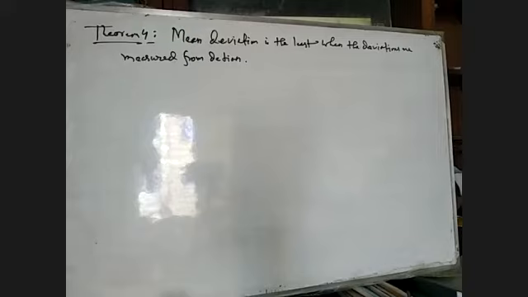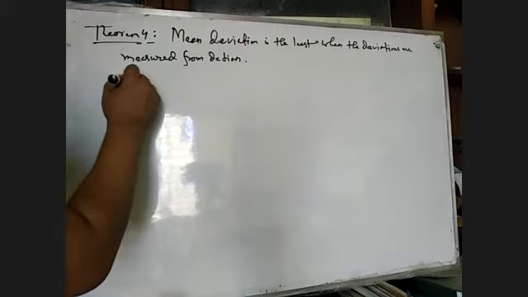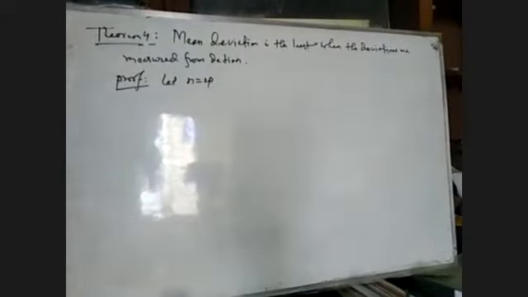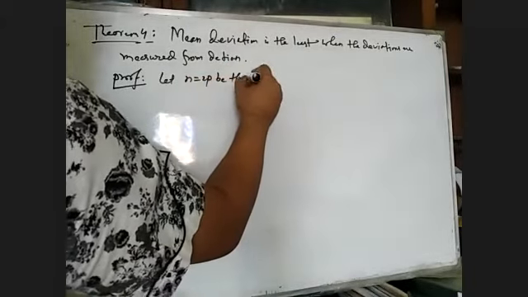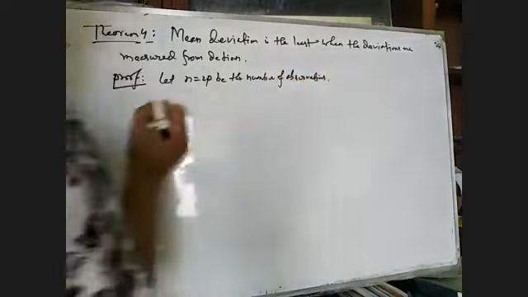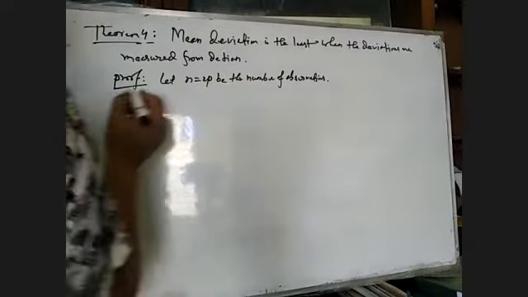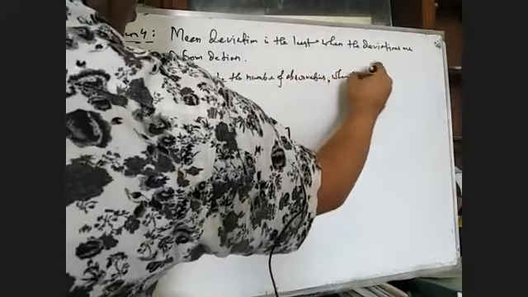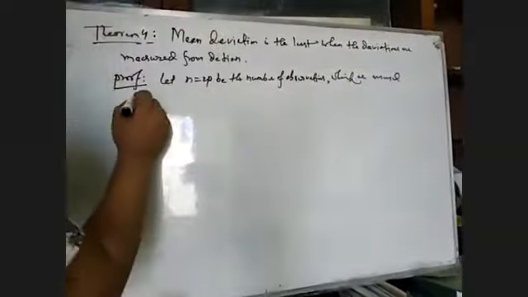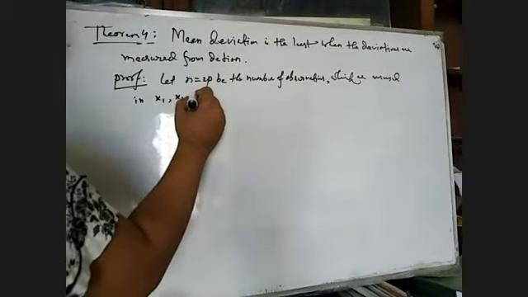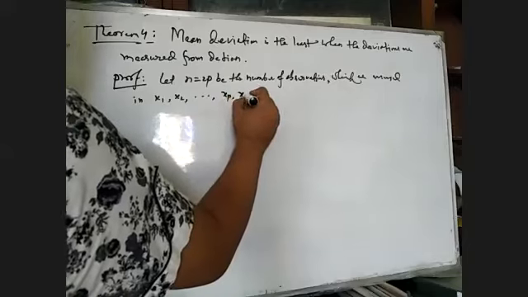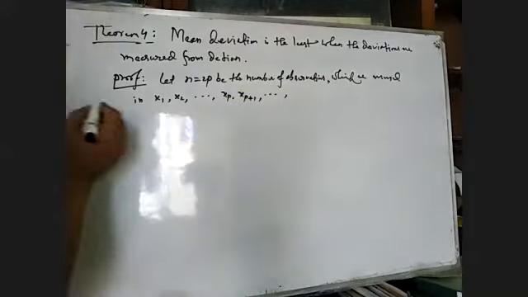Okay, now proof. Let n equal to 2p, twice p, be the number of observations which are arranged in x1, x2, dot dot xp, xp plus 1, dot dot up to xn.